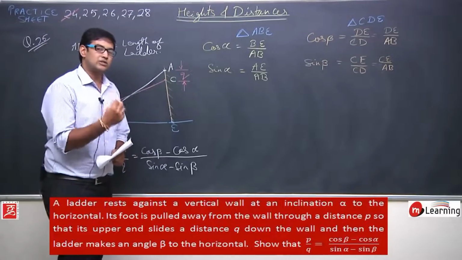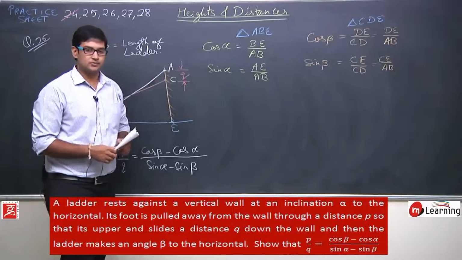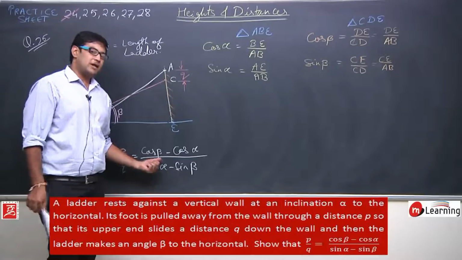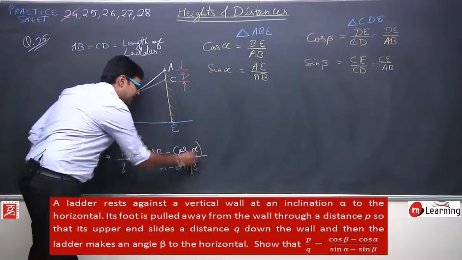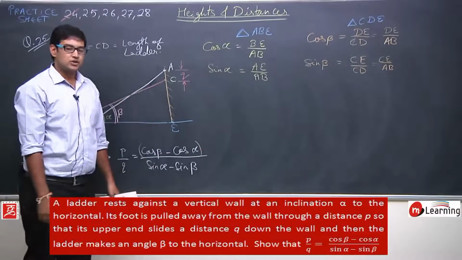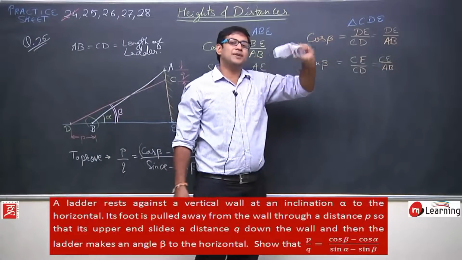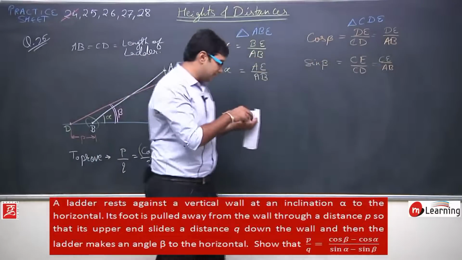Now, how to solve this question, how to use these ratios? It's very simple. Just think, my task is to determine the value of cos beta minus cos alpha. So from these four equations, can I calculate the value of cos beta minus cos alpha? Yes, very easily.